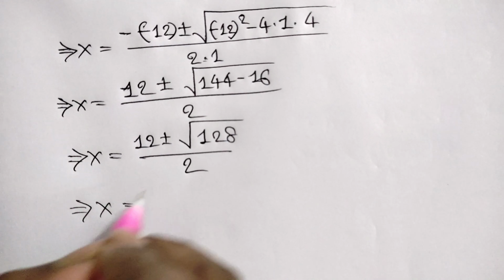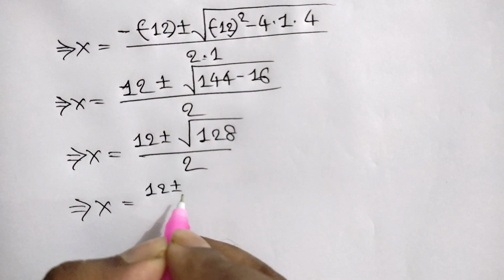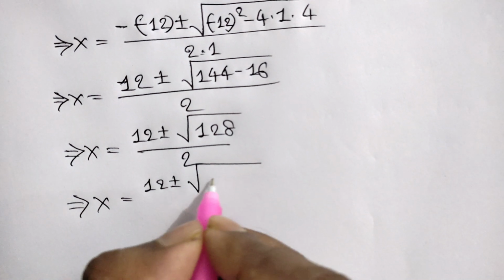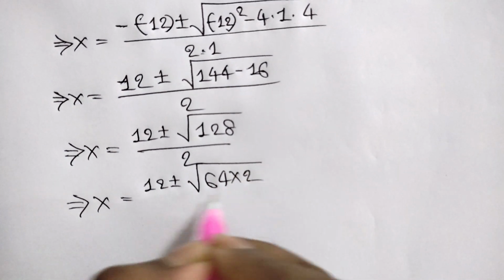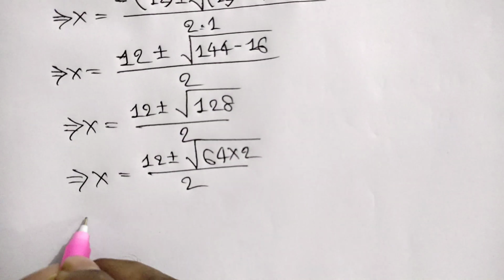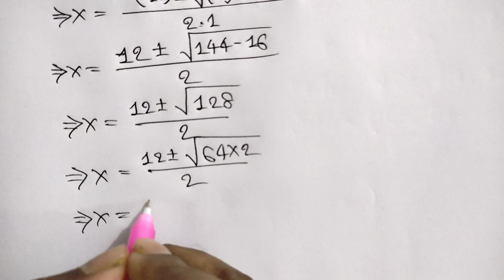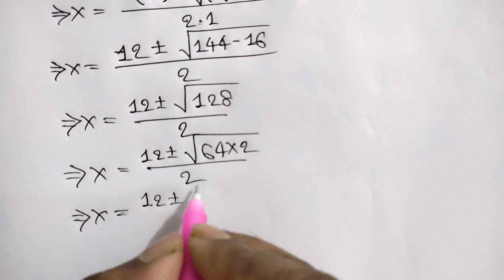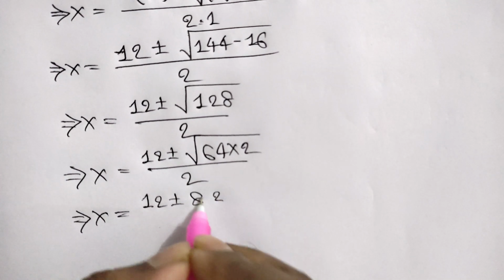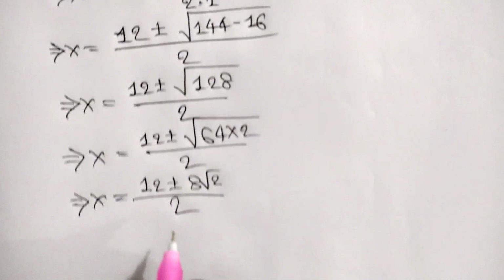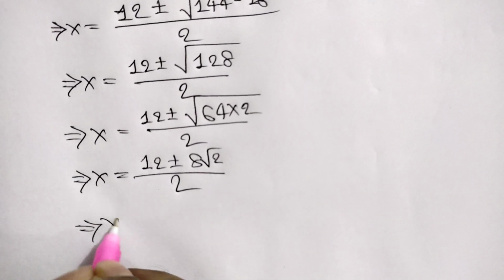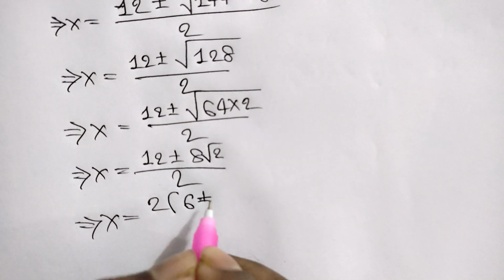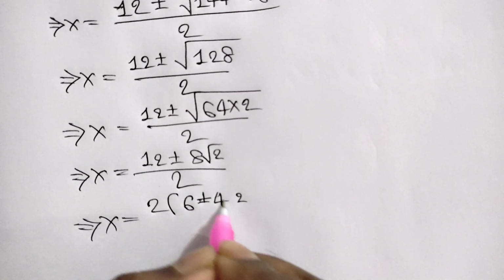Or x is equal to 12 plus or minus square root of 128, which can be written as 64 times 2, over 2. Or x is equal to 12 plus or minus square root of 64 is 8, times square root of 2, over 2. Taking common 2, here we will get 6 plus or minus 4 square root of 2.